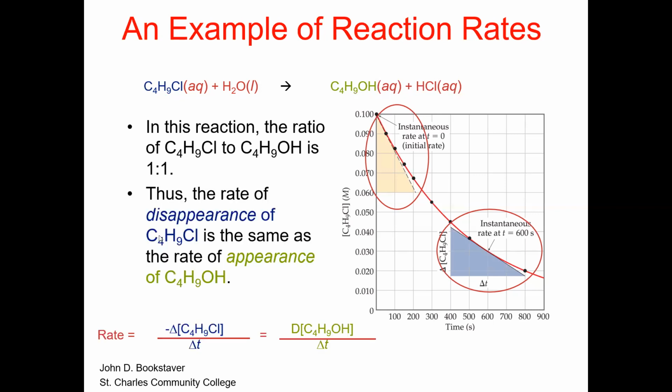Thus, the rate of the disappearance of butyl chloride is the same as the rate of the appearance of butanol. So remember that the rate can be measured by the disappearance of the reactant. That is why here is negative with time and here is positive with time.